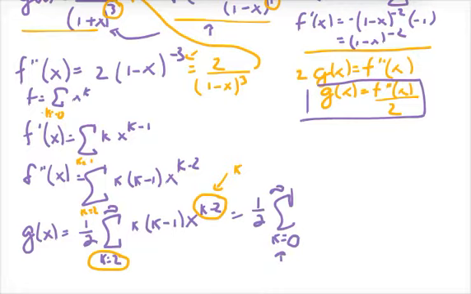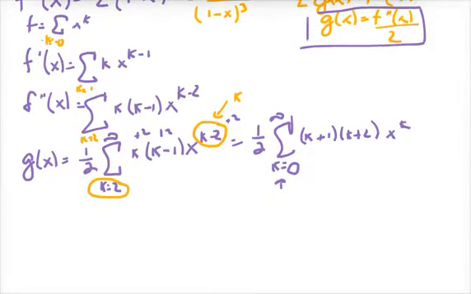So I'm going to add 2 here, here, and here, and I get k plus 1 times k plus 2 x to the k. So now I have a power series for g of x. And the convergence interval I is going to be the absolute value of x less than 1.